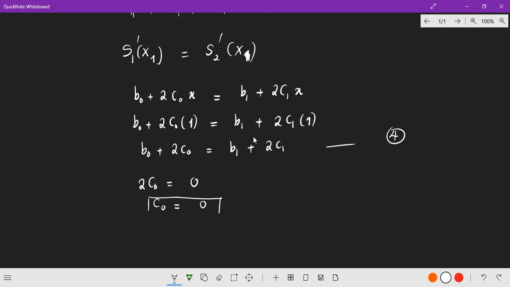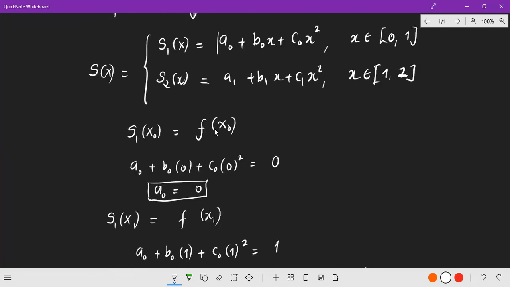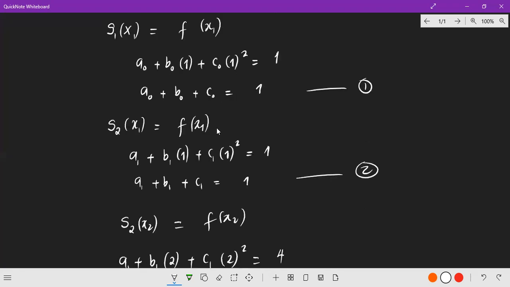Okay, so we found 2 unknowns. We're remaining with how many? 4 more, isn't it? So in fact, from equation number 1, remember that a0 is already known, right? So a0 is already equal to 0.